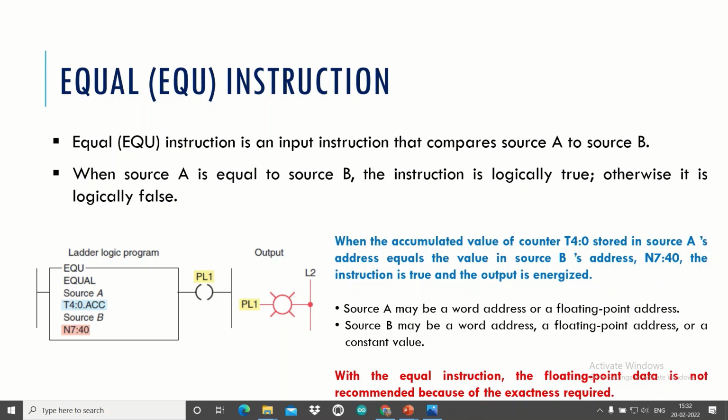Floating point data is critical to handle because after the point, the exact value may not be proper. If you keep a constant value and you use a sensor, then there is always a fluctuation after the decimal. So it becomes very hard to determine whether they are equal or not. Therefore, normally floating point data is avoided in case of equal instructions.